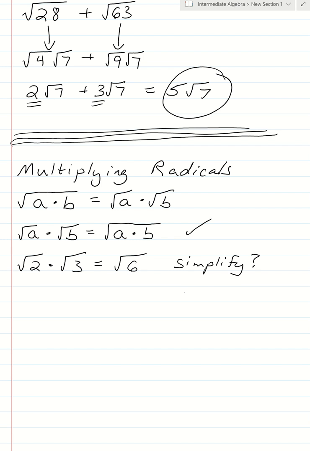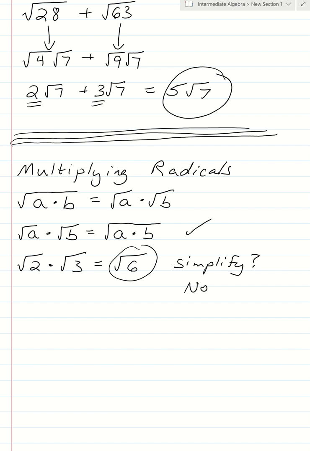And of course the answer is no, I cannot. So the square root of 6 is your final answer. Just like when you add, subtract, multiply, and divide fractions, you always have to express your answer in simplest form. You will always have to ask yourself, is the answer in simplest radical form?